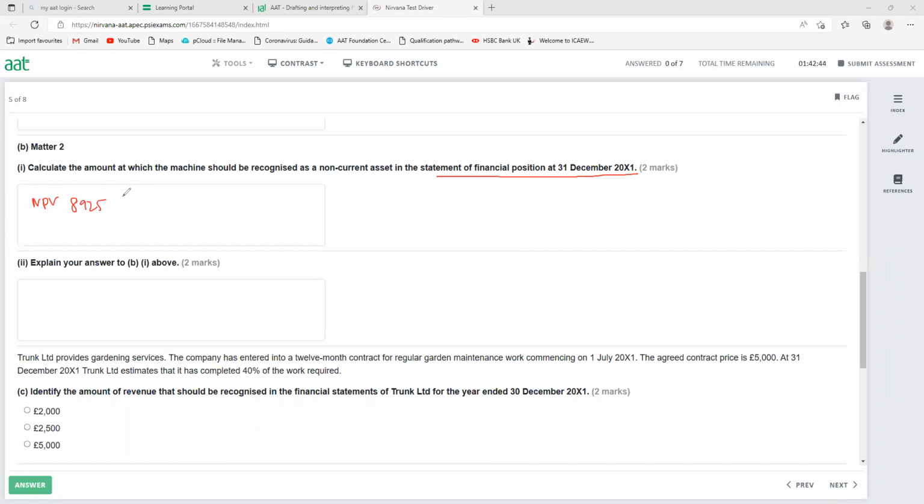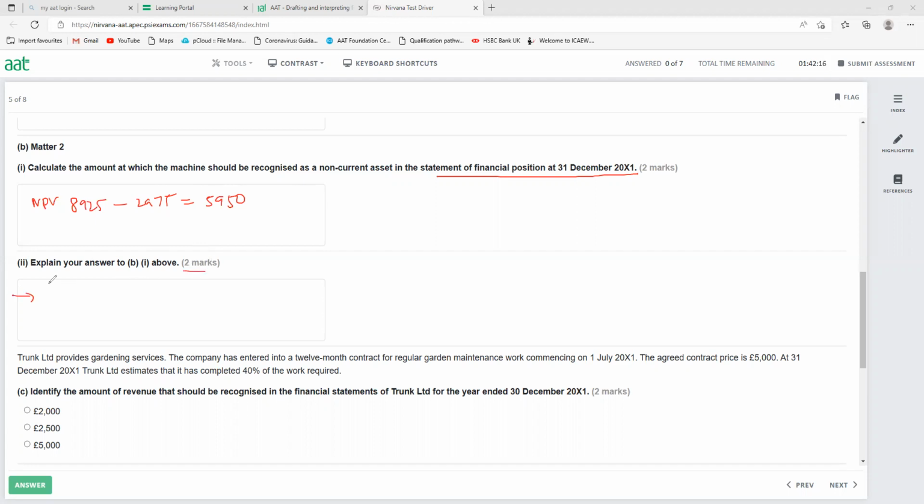That is the combination of our present value plus the deposit 600 minus the depreciation, that is 2975, and that will give us 5950. And the depreciation is always calculated over the lower of the useful life and the lease period. Explain your answer. They're asking to explain your answer. There's 2 marks. You need to explain 2 things.